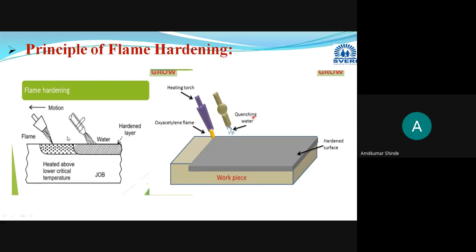In spot flame hardening, from this workpiece we will identify one specific spot, and that specific spot is heated with the oxyacetylene flame above upper critical temperature, and after that the torch is removed, and that specific spot is cooled with the water spray. That type of hardening will be termed as spot flame hardening.